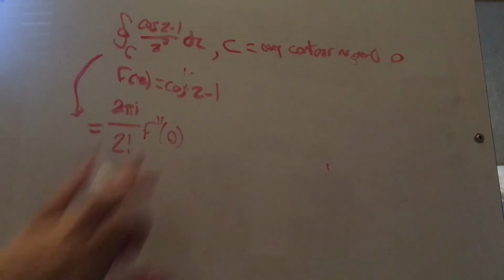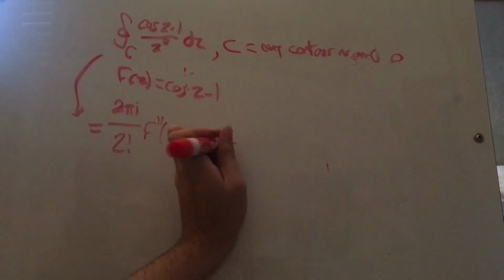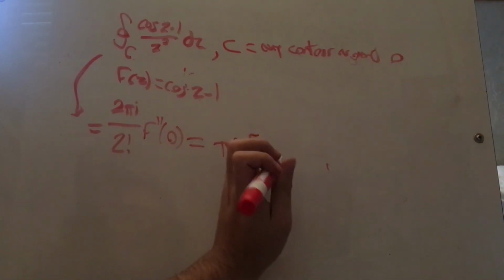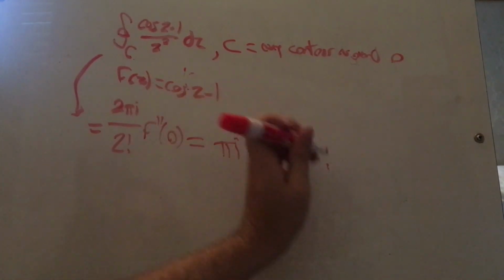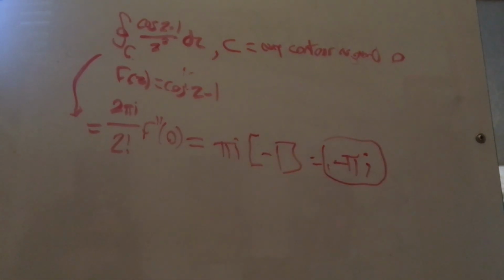So f prime is negative sine z, f double prime is negative cosine z, so we get pi i times negative cosine 0, which is negative 1, and so our answer is negative pi i.